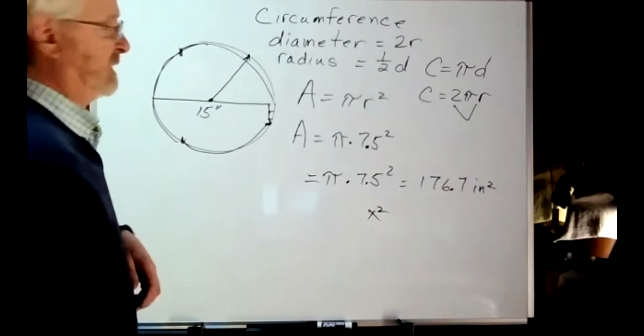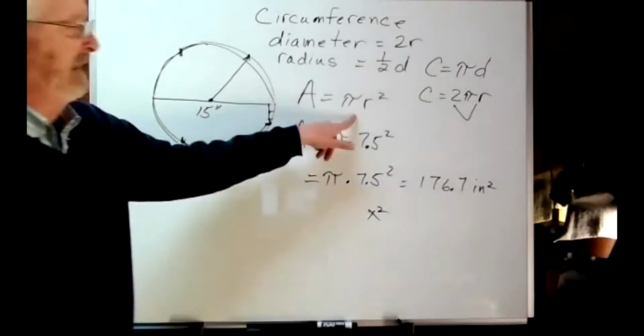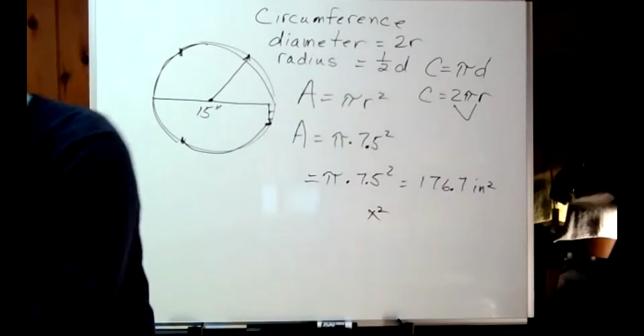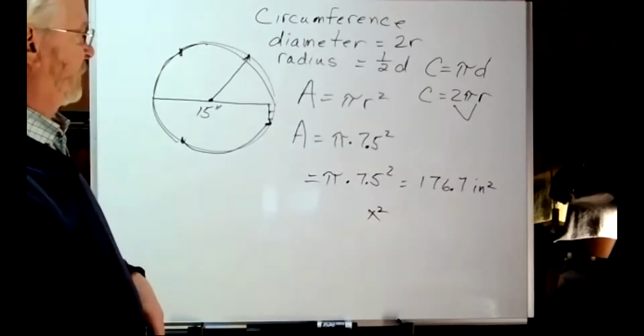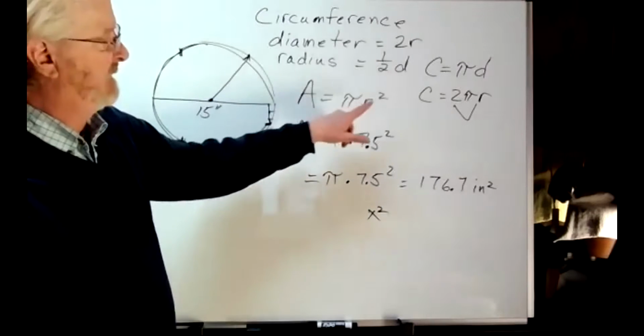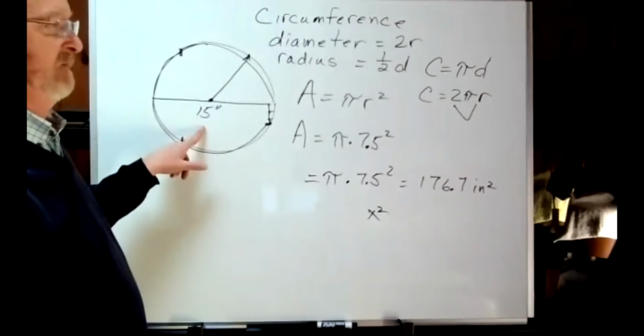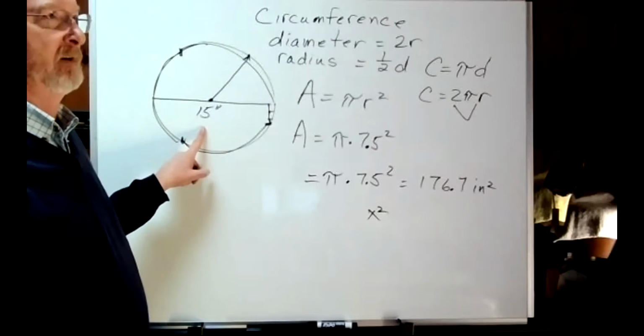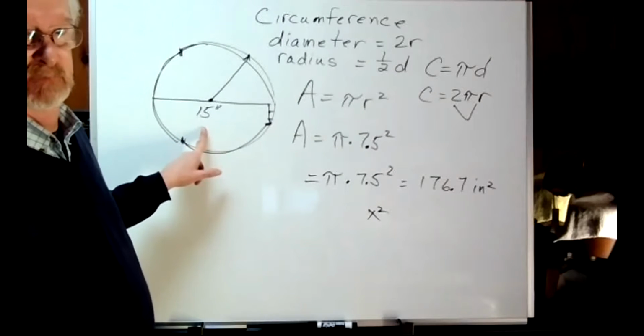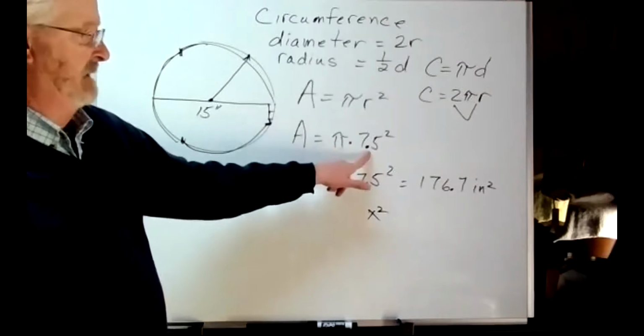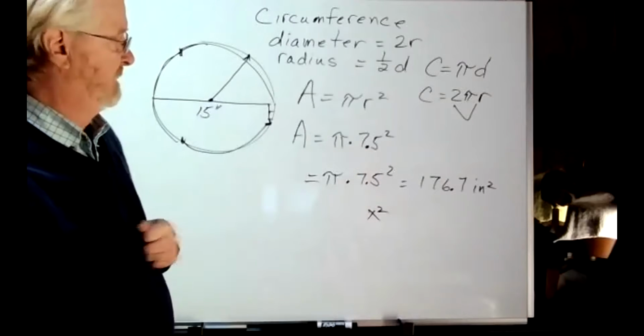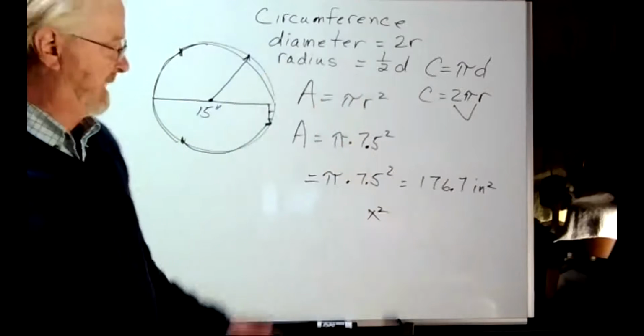So what did we do there? We found the area. Again, here's a formula. Yep, you see that on your formula sheet, formula for the area. You need the radius. If you had the diameter, you need to cut it in half yourself. Divide it by 2. That's what I did here. Then I did the calculation, came up with that area.